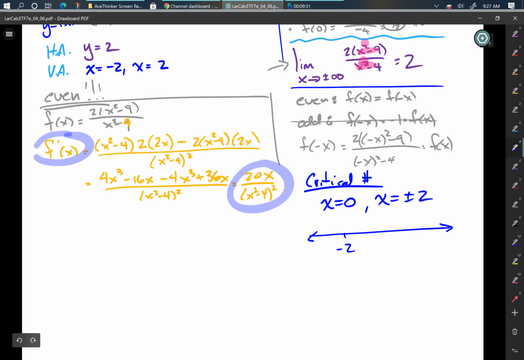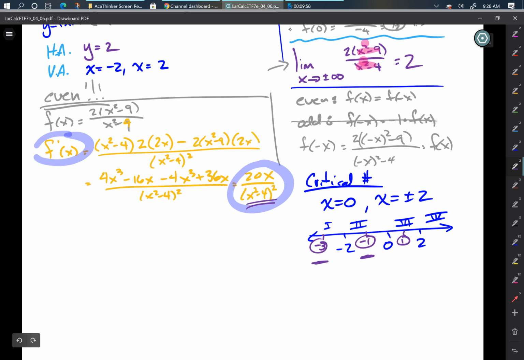That's going to give me several intervals to test. When I test those intervals, like say negative 3, now remember, denominator is always positive, so that's going to give me a negative value there. Negative 1, denominator is always positive, negative 1 in the numerator makes the numerator negative, derivative is negative.